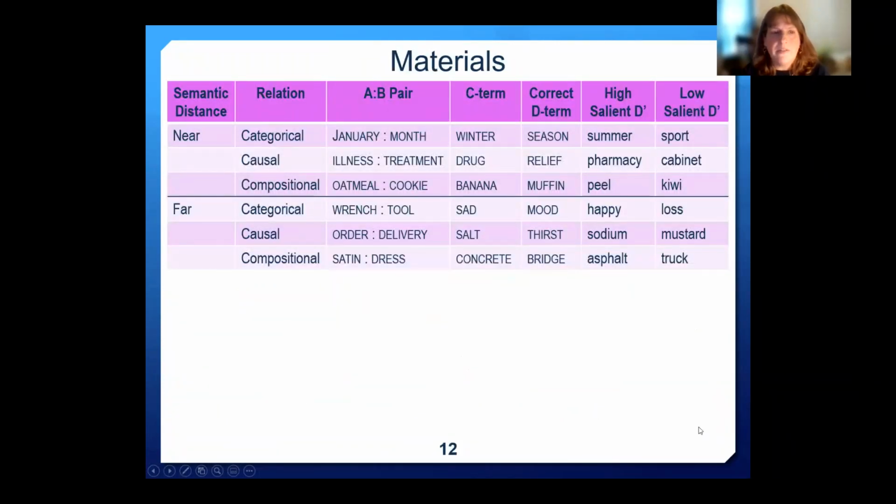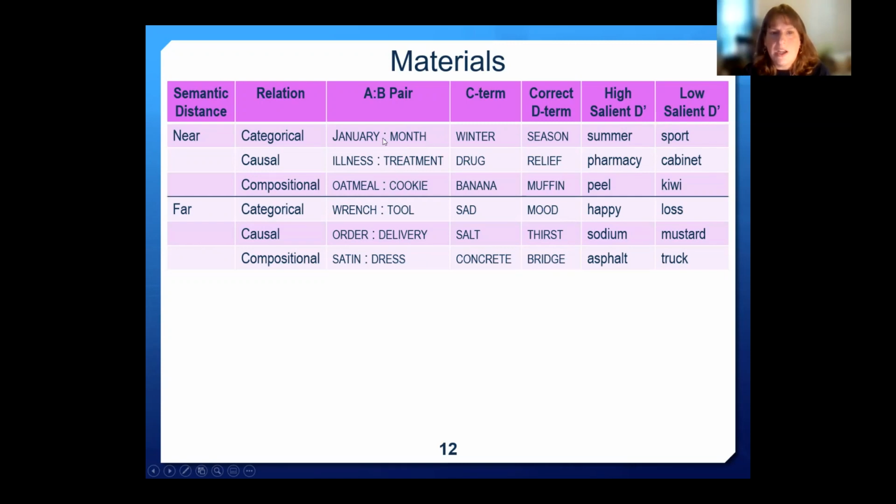And here's an example of some of the materials. So as you can see from this table here, semantic distance was between items. 30 of our 60 items were semantically near and 30 were semantically far. And then within each, we had all three relations represented. And then as I said earlier, the AB pair was kept the same between the high salient distractor and the low salient distractor condition.